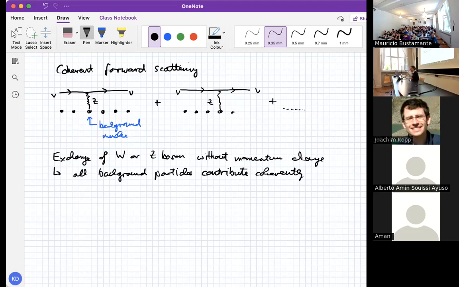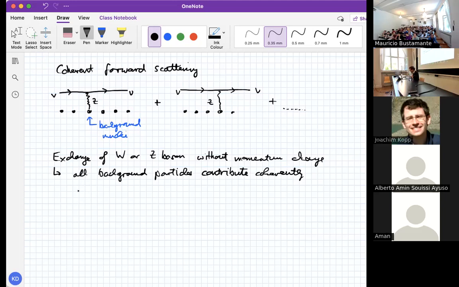An analogy to this process is, for instance, when a photon is traveling through matter, the photon also interacts with that matter, and we can't tell which atom the photon interacts with. And that's exactly the underlying physics of photon refraction.